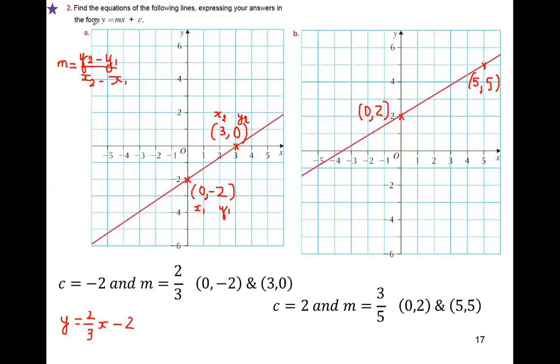They've asked us to write the equation of the following lines in this form, y equal mx plus c. Here, y equal 2/3 of x minus 2. For this case, I've got y equal 3/5 x plus the y-intercept, which is 2. Okay, so that's how you would process these two lines.